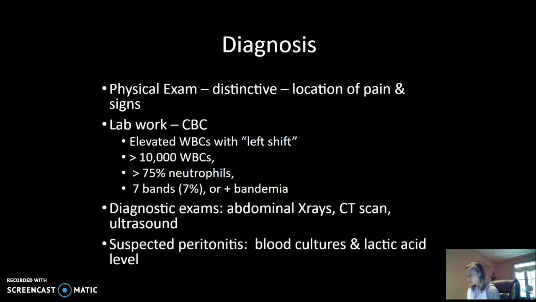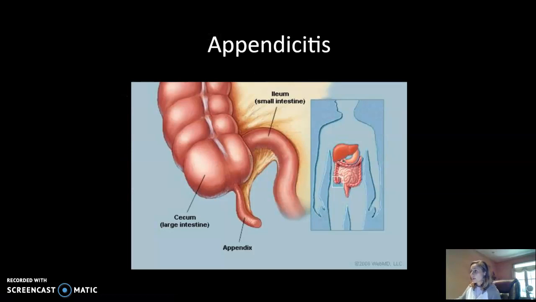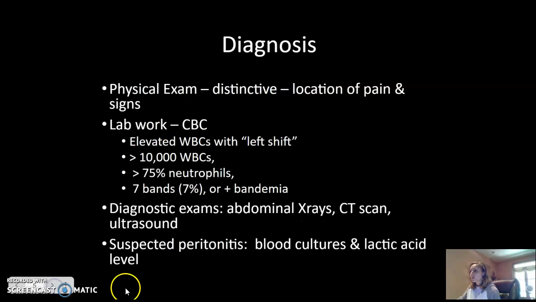That's not a good sign, because if this ruptures, then whatever is in this bowel is leaking out into the peritoneal cavity, which is supposed to be a sterile environment. So they may end up with peritonitis. If we suspect that peritonitis is happening, we may also get blood cultures and a lactic acid level. You want to make sure they're not becoming septic.